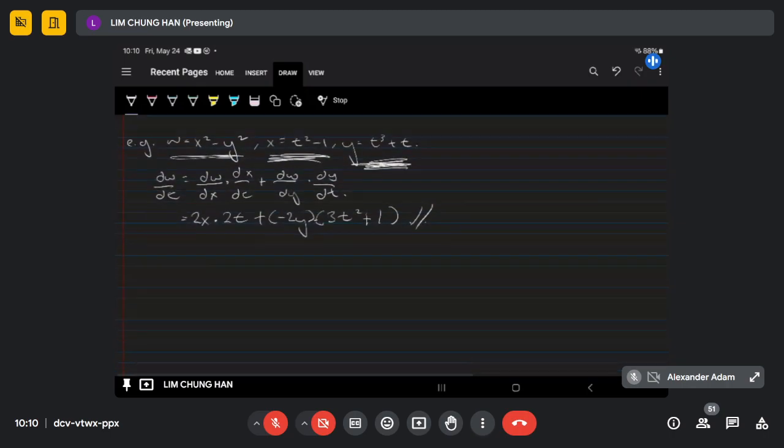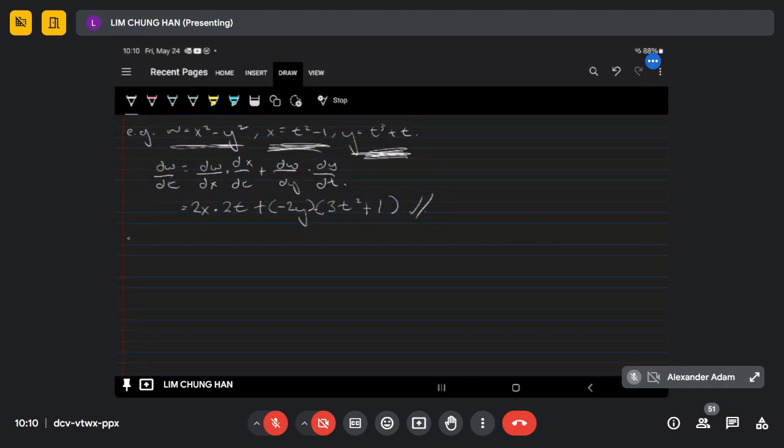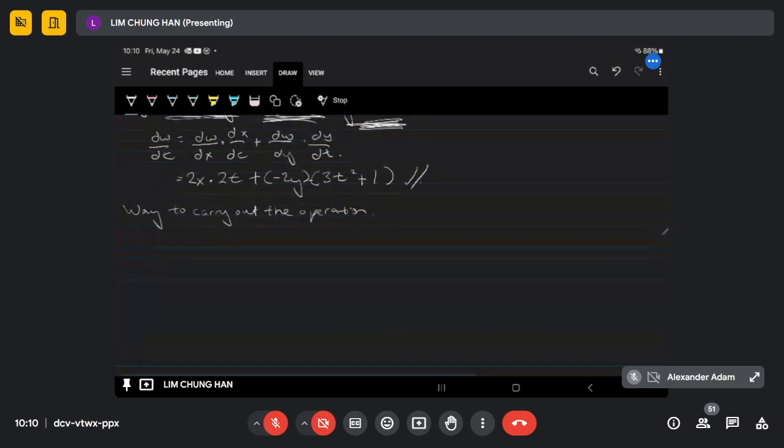So in theory, the way to carry out the operation is like this. You have to draw the tree again.